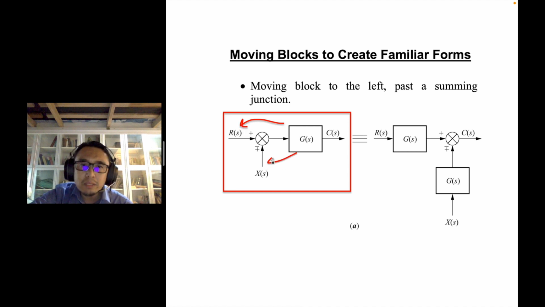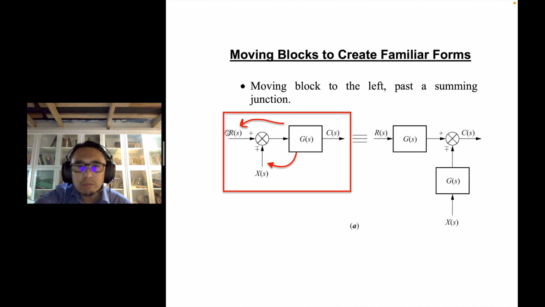There must be some reason, because when you do that, probably you will see that there will be a familiar form to the left of the summing junction, and that allows you to simplify the block diagrams.